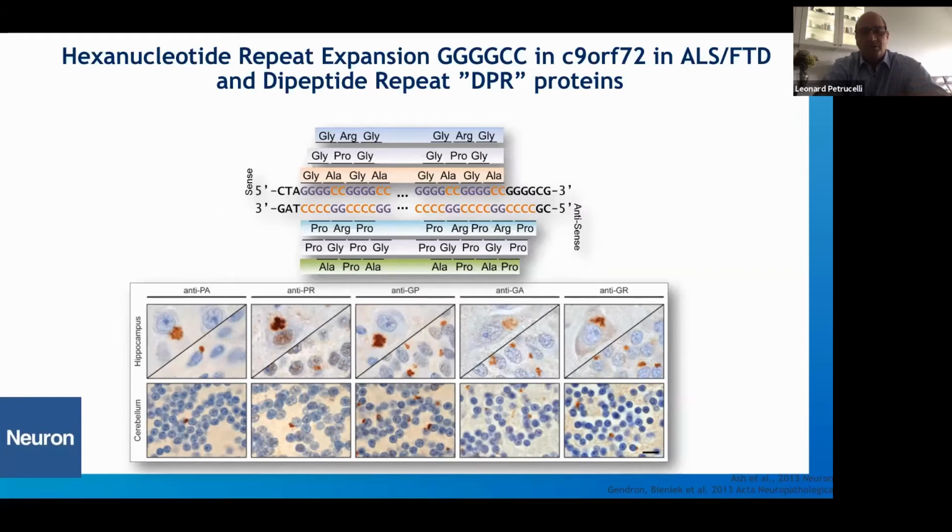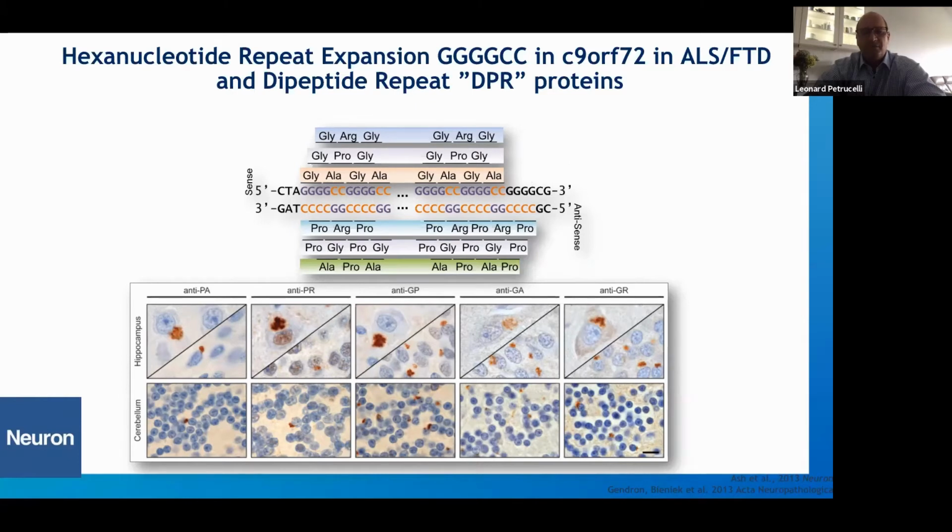So in particular, just as a background, because this work was really fundamental and has implications for the data that I will be presenting, was back in 2011 when the hexanucleotide repeat expansion consisting of GGGGCC was identified as a major cause for ALS and FTD.